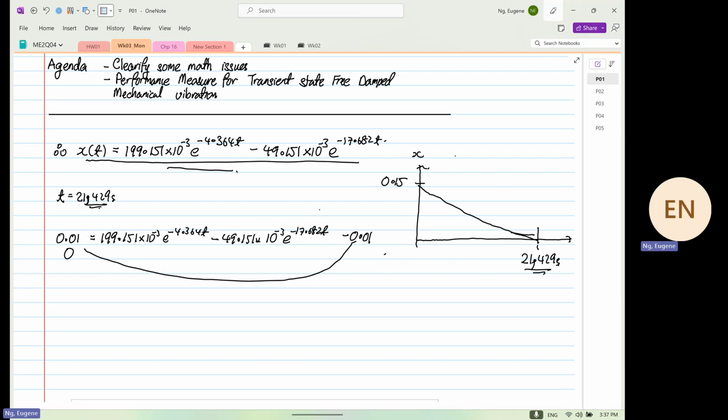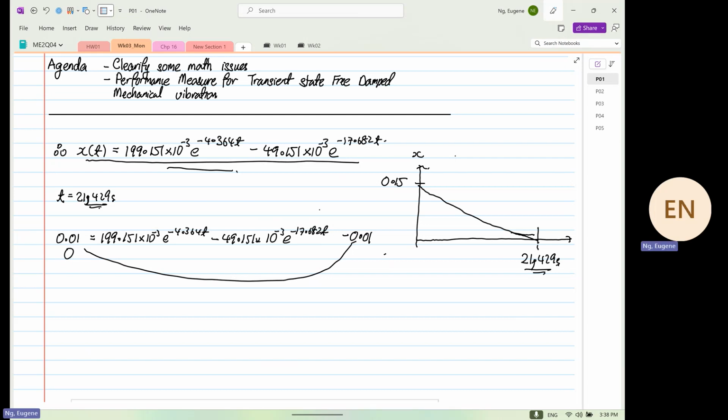Can you enter the number, please? I got 199.151. Can you try this and tell me what time you get? 199.151 to the power of minus 3 times the exponential function of minus 4.364 A, minus 49.151 to the power of minus 3 times the exponential function of minus 17.682 A. Then the last one, you put minus 0.01.